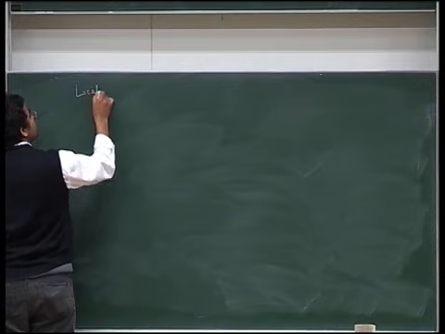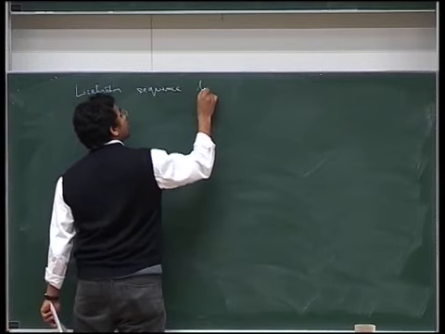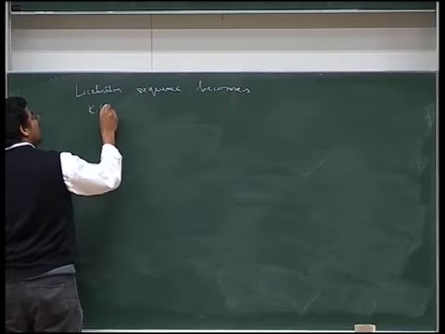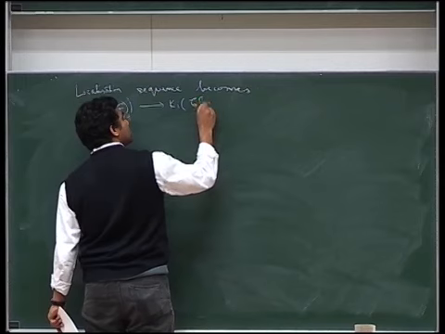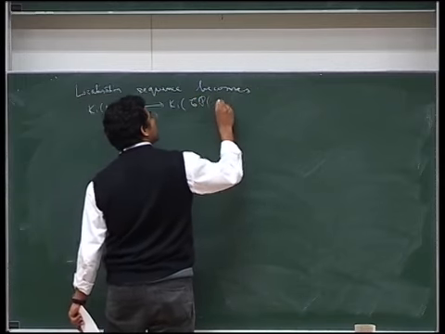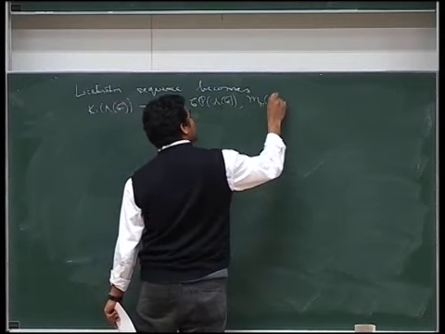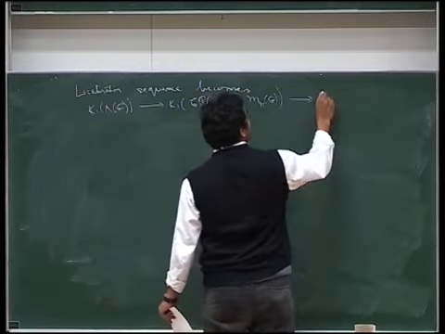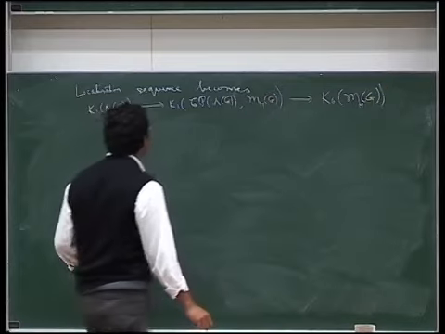So the localization sequence becomes: you have K1 of lambda G to K1 of lambda G S, to K0 MH of G. So we have to put this one in here.